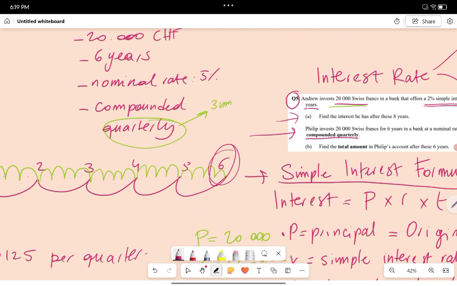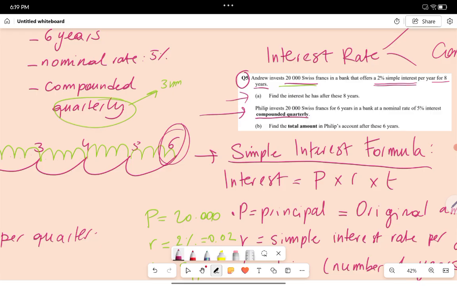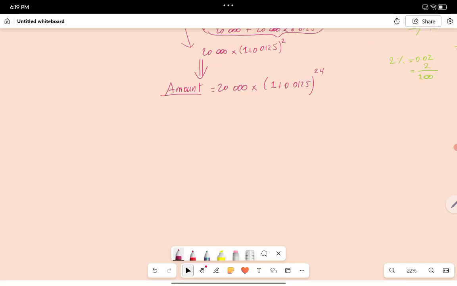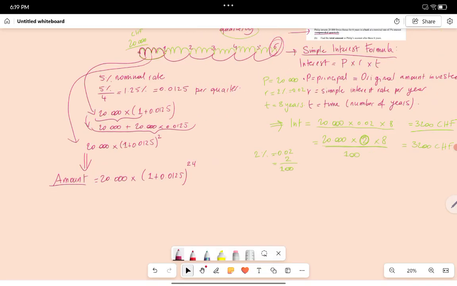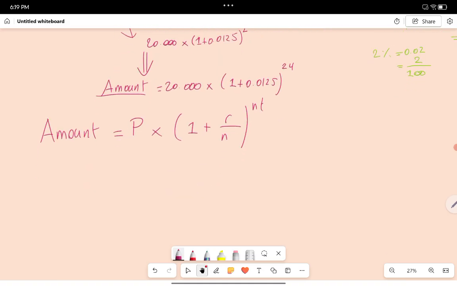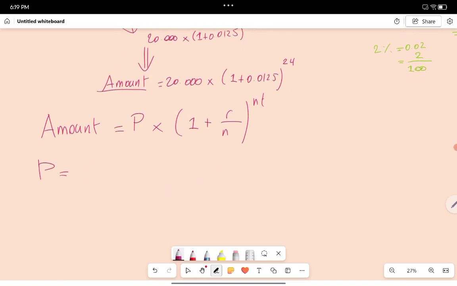Let's go back to the question. Find the total amount in Philip's account after 6 years. So now we've done it manually, but you could also have used the formula, which is this. The amount after a certain year will be the principal times 1 plus r divided by n, to the power nt. And P is the principal. As we saw previously, that's the initial amount invested.